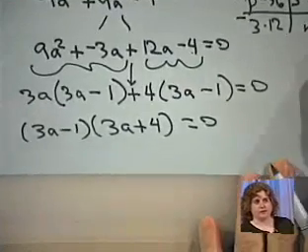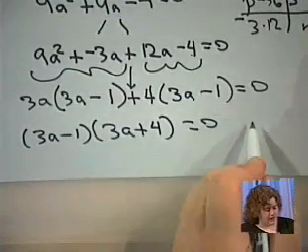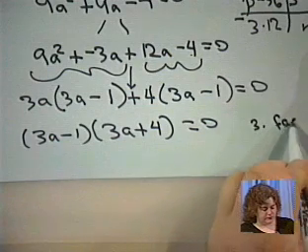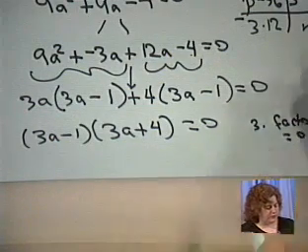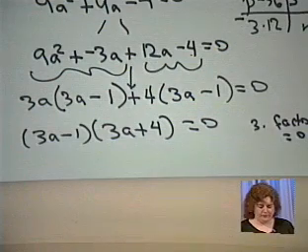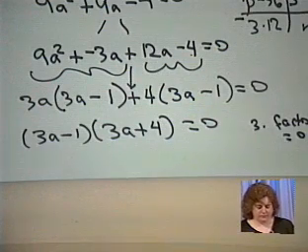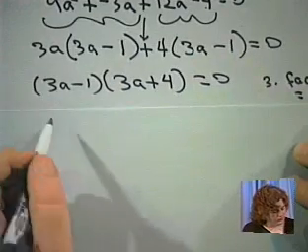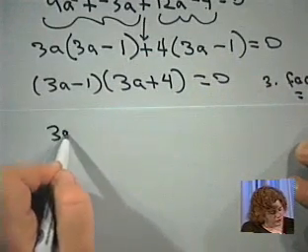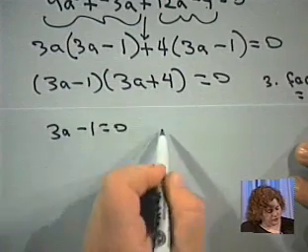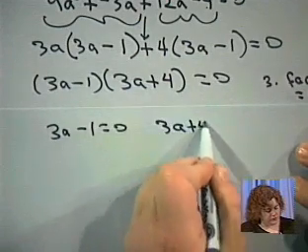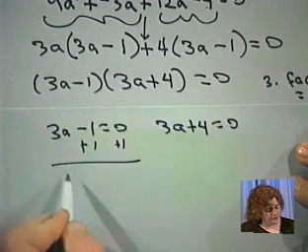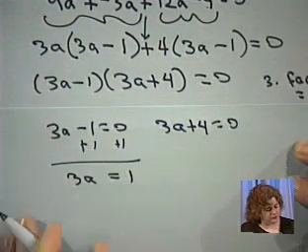It's factored. Yay. Now, next step, we're going to set each factor equal to 0. So, let's do that. And we'll have 3a minus 1 equal to 0. 3a plus 4 equal to 0. Adding 1 to each side, 3a is equal to 1.